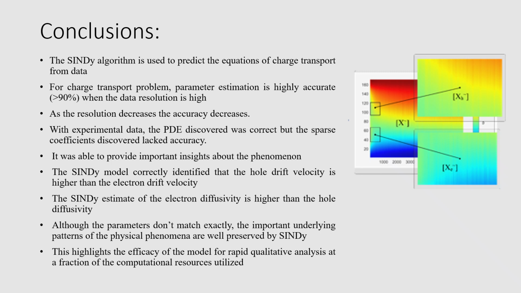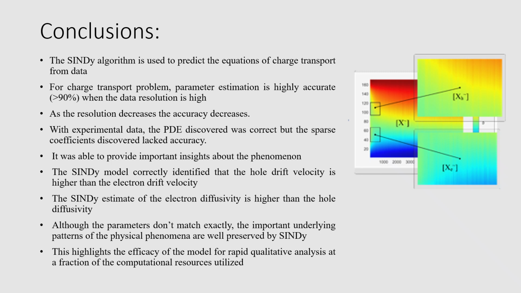But it was able to provide important insights about the phenomenon. For example, it correctly identified that the hole drift velocity is higher than the electron drift velocity, and that the electron diffusivity is higher than the hole diffusivity. Although the parameters don't match the benchmark parameters exactly, the important underlying patterns of the physical phenomena are well preserved.